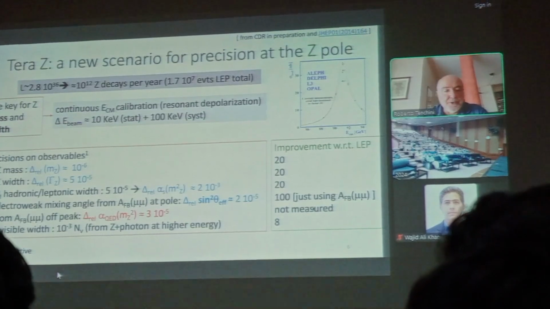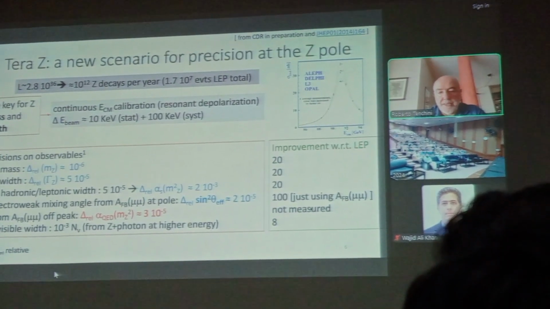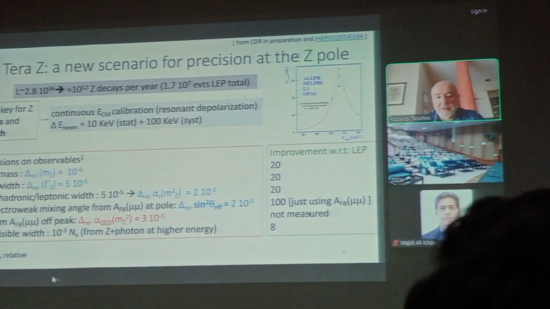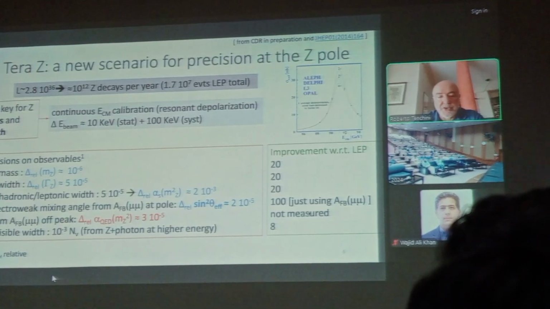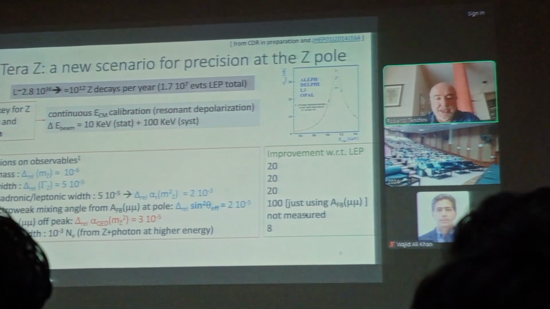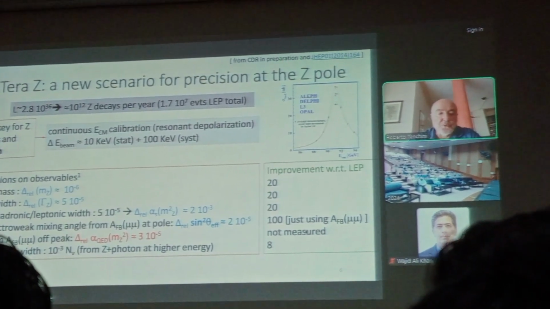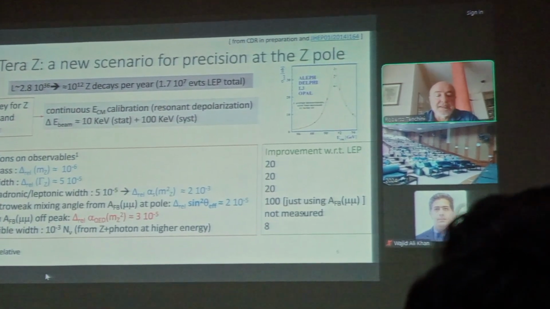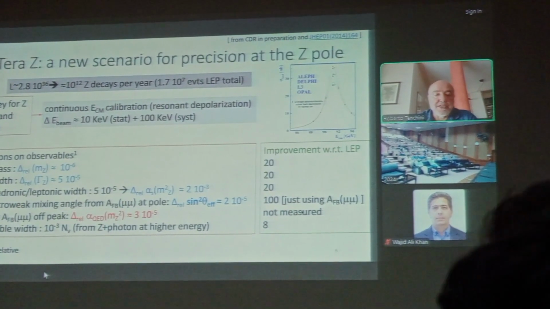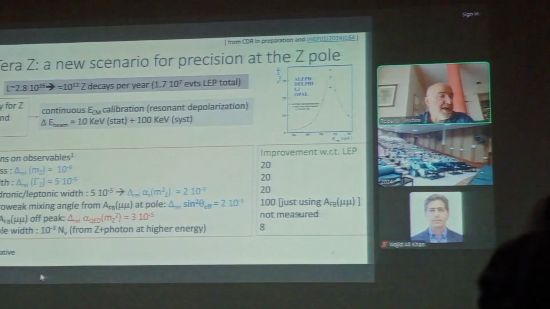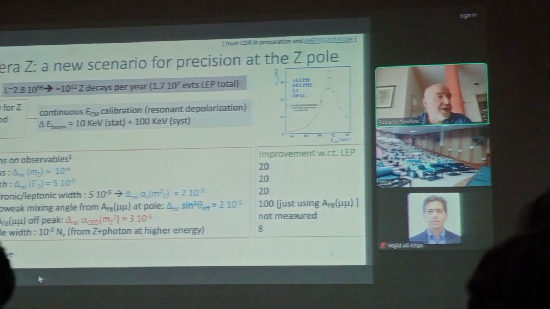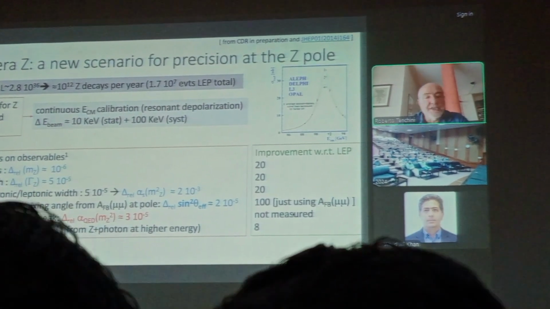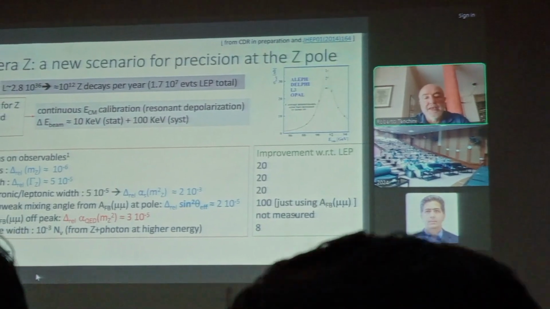Then, if you remember when I mentioned yesterday that there is a parameter which is alpha QED, which is part of the fit, which has to be determined at the scale of the Z mass. So this is done through dispersion relationships currently using low energy experiments.